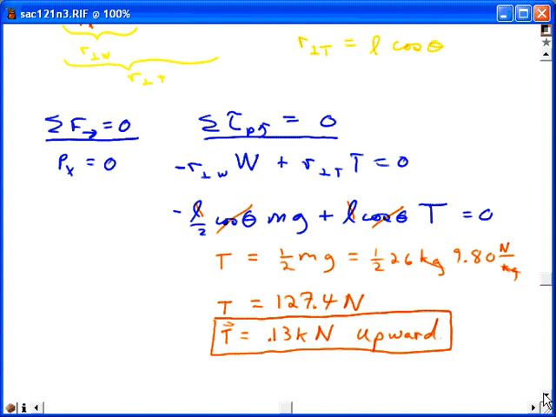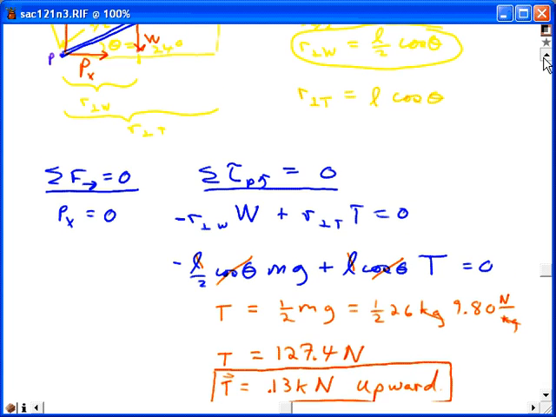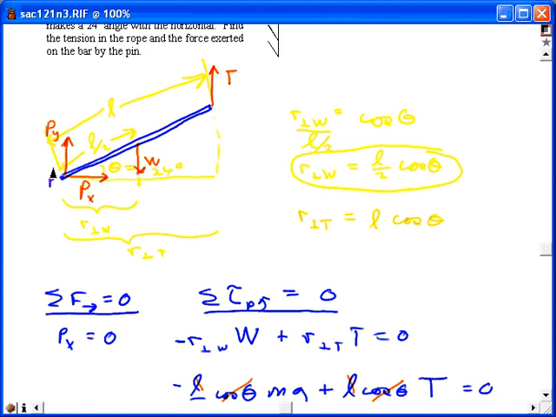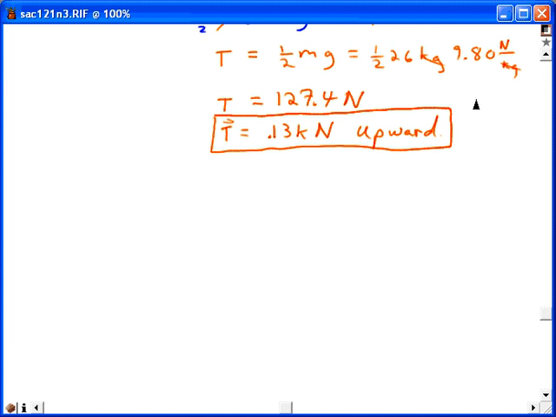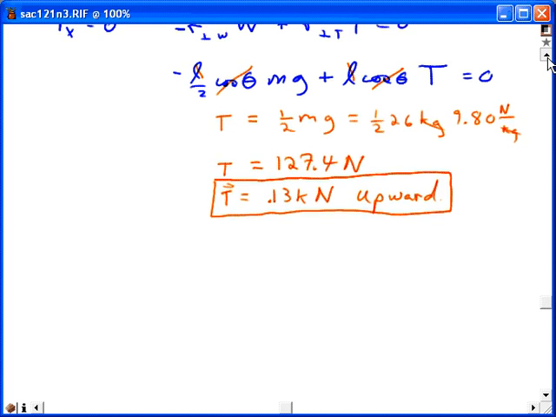Now, we're in a position to get Py. What I'll do is sum the forces working off of this diagram in the upward direction. It'll give me Py minus W plus T equals 0.